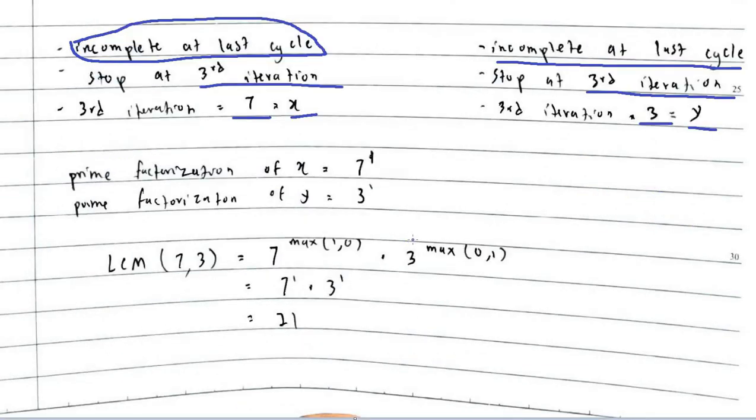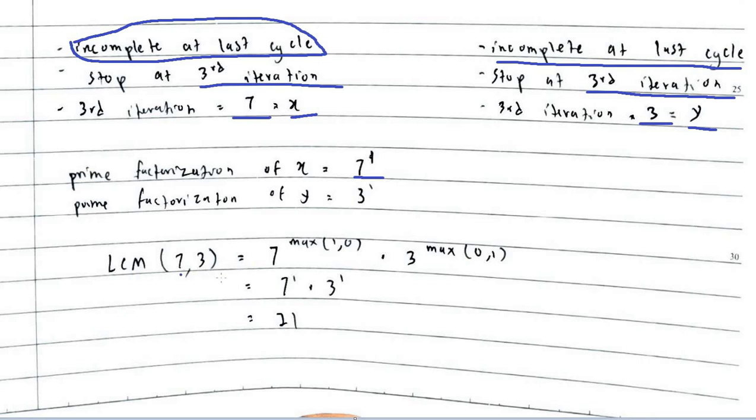So to find the lowest common multiple by prime factorization: this is the prime factorization of X, which is 7 to the power of 1, and Y, 3 to the power of 1.